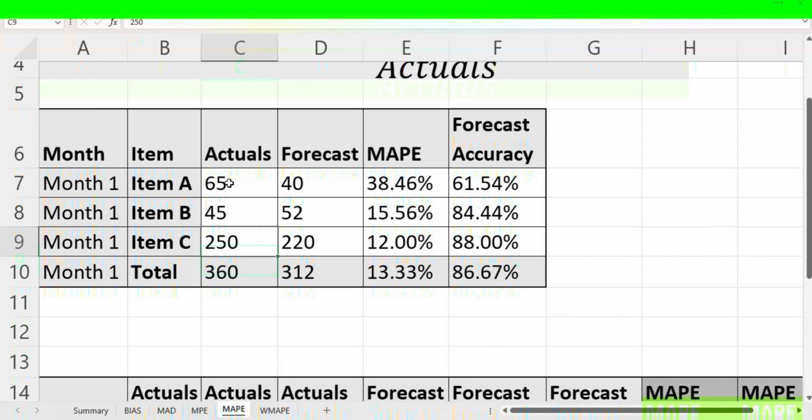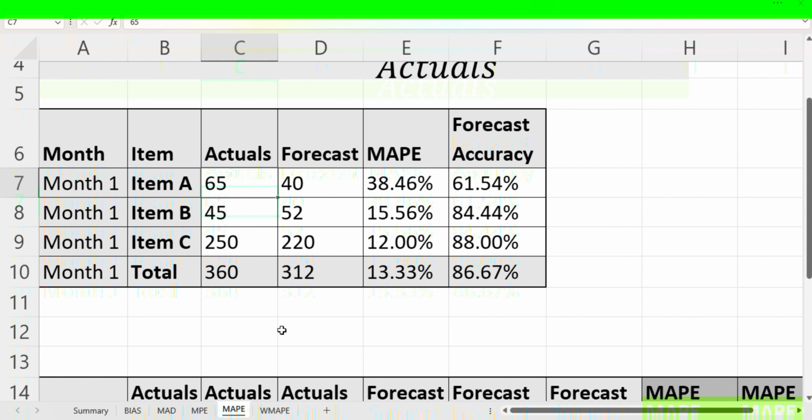Because 250 versus 65, right? So a 1% increase in forecast accuracy will have a much larger impact versus a 1% improvement in forecast accuracy on item A, right? So we need to have some weightage on item A, B, and C.